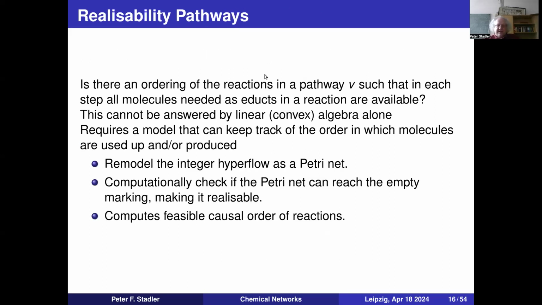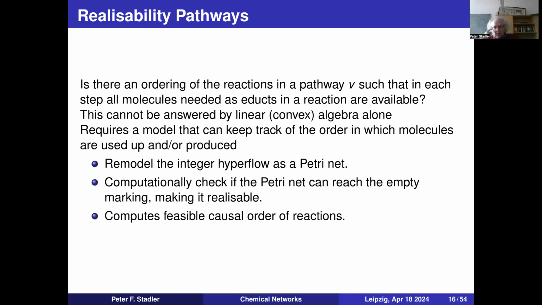So in order to get what I receive from a flow calculation on this network, in order to think of that as a pathway, we also have to find a temporal ordering that tells me that everything that I need in one reaction has already been imported from the outside, or has been produced in an earlier reaction. Otherwise, that particular reaction cannot fire.